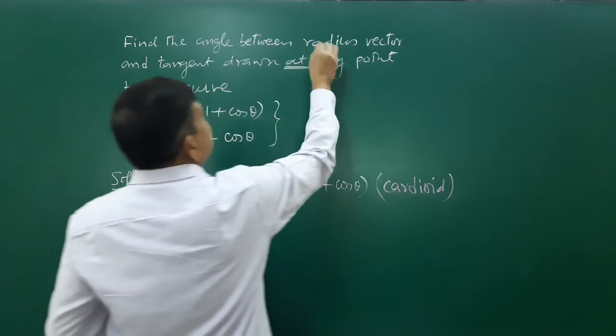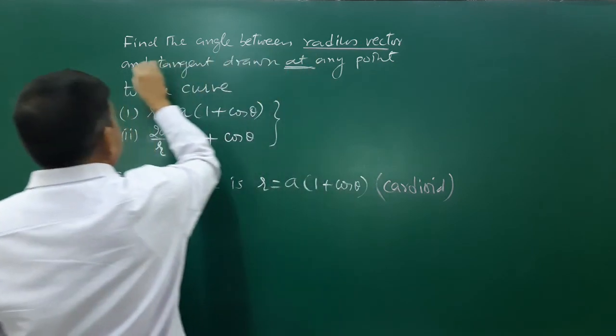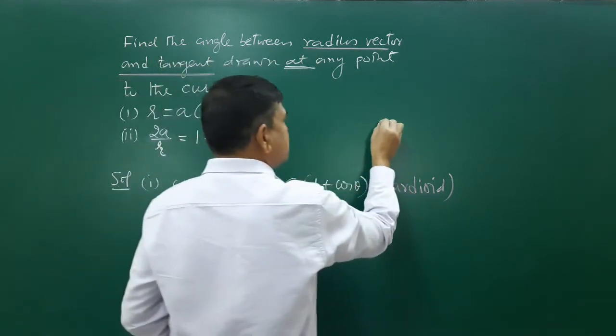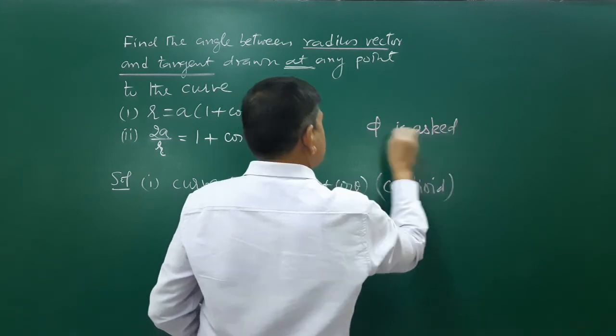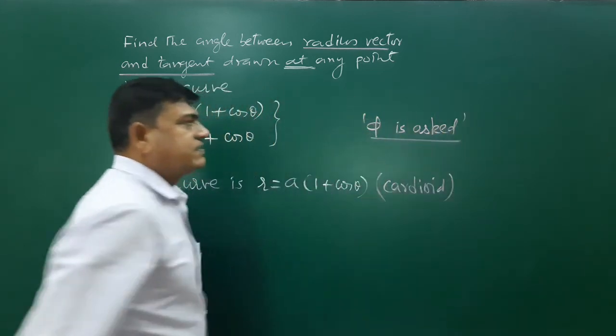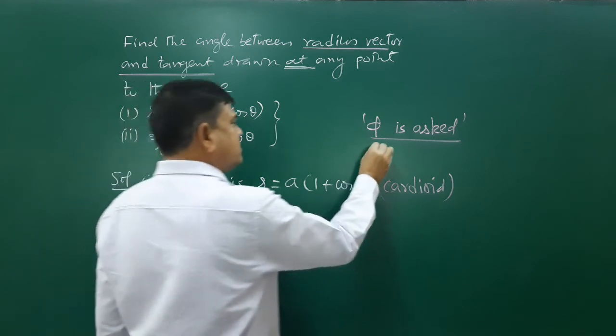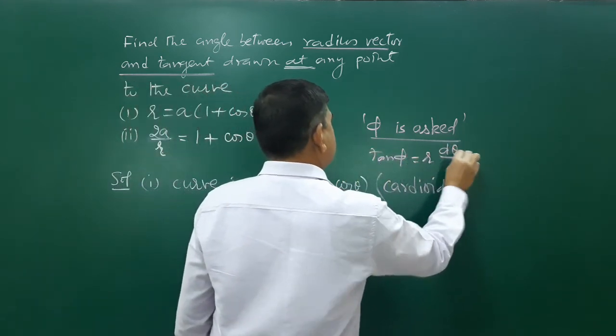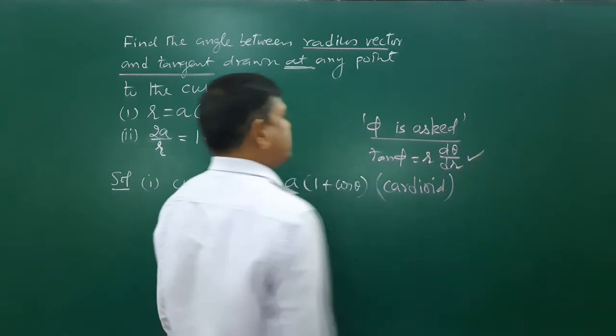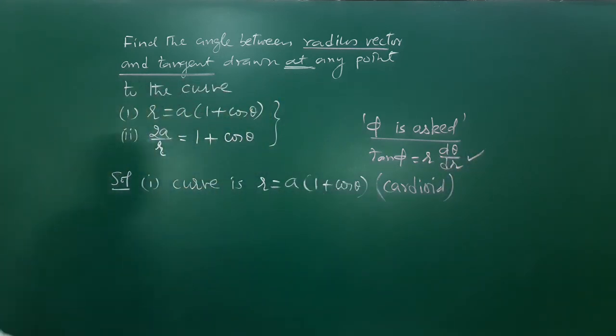Find the angle between the radius vector and the tangent. That means phi is asked. And what is the formula? Tan phi is r d theta by dr. This is the formula.